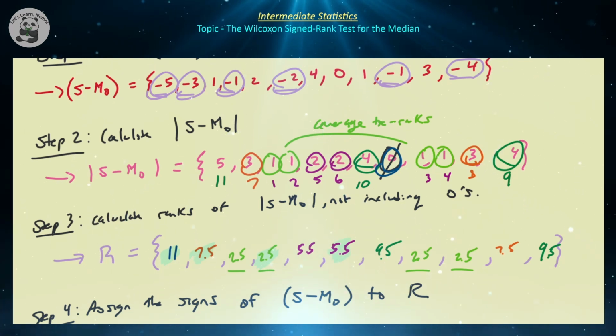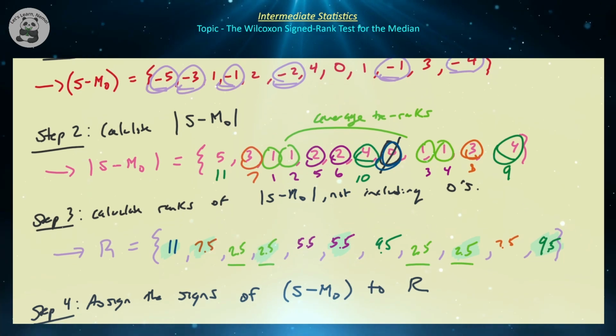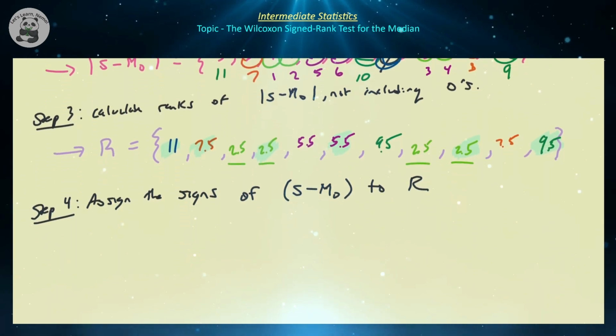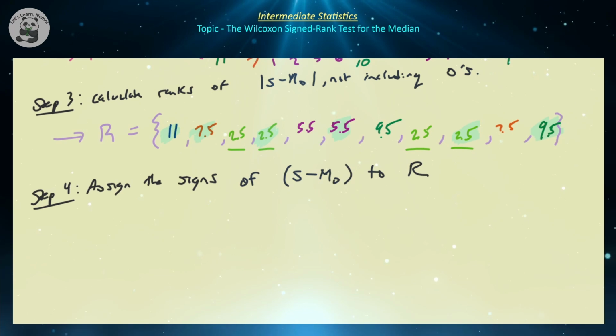1, 2, 3, but keep in mind 0 is not one of them. So it's actually 1, 2, and then negative 1, then 3, and then minus 4. Right? So all those are going to get negative signs, and the rest are going to get positive signs. Right? So these are going to be what we call the sign ranks.